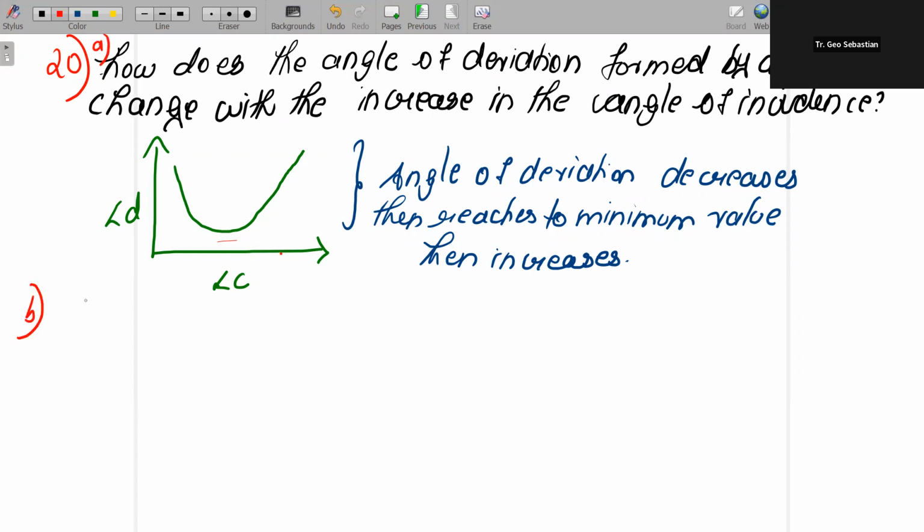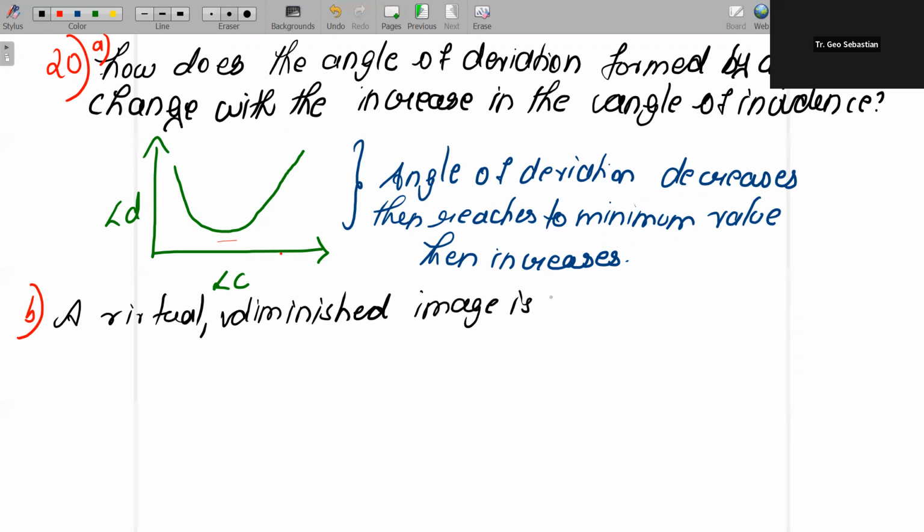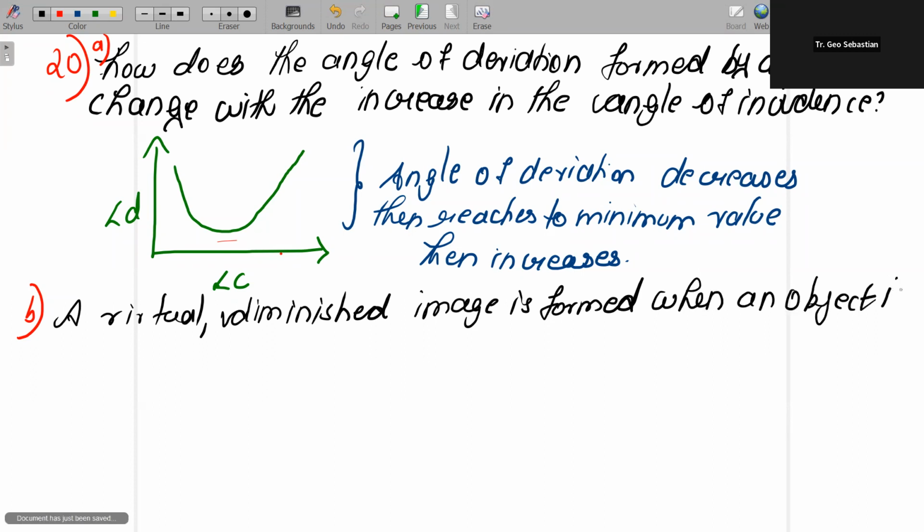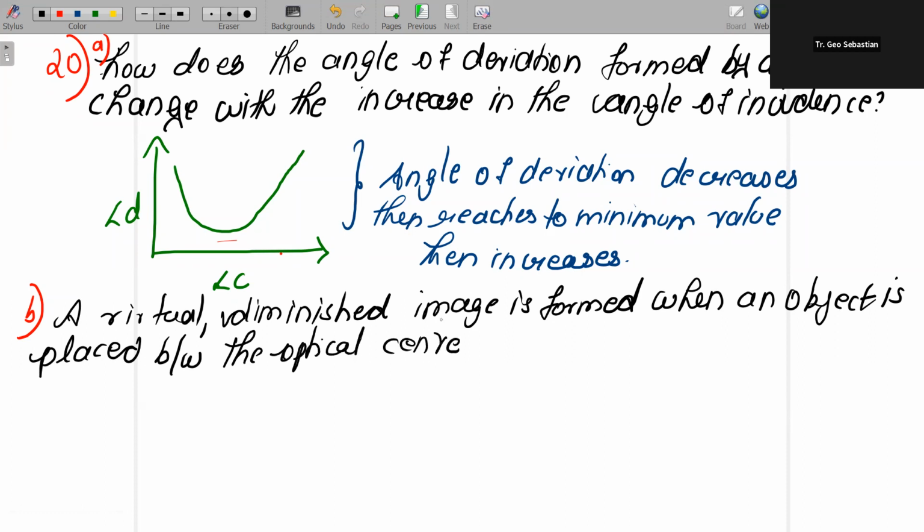Now the B question from this. A virtual, diminished image is formed when an object is placed between the optical center and the principal focus of the lens.